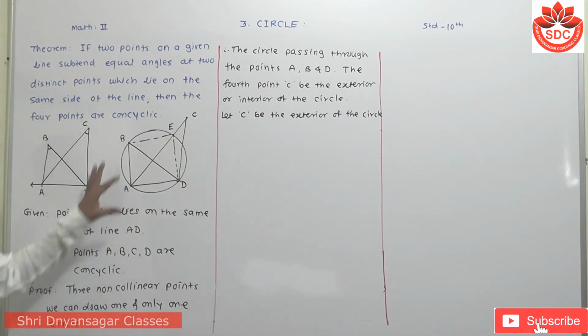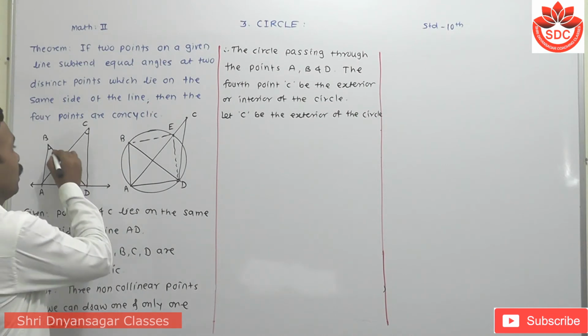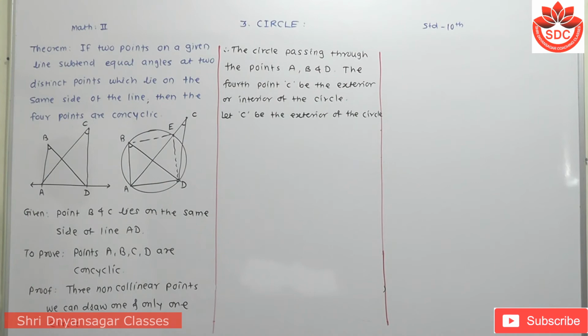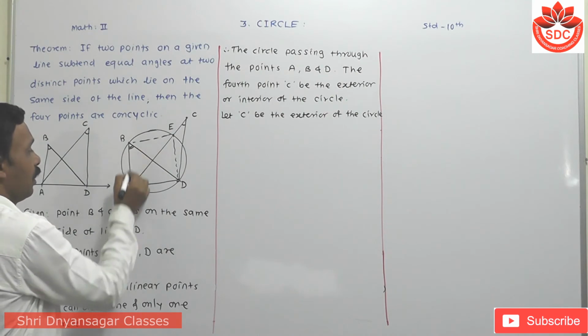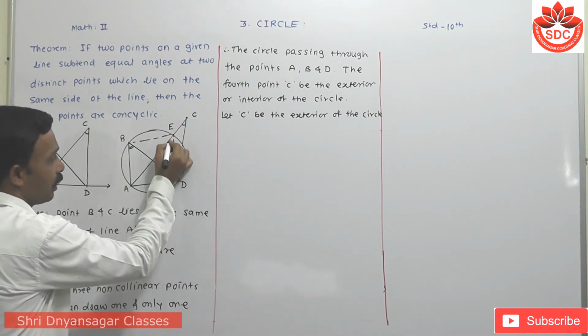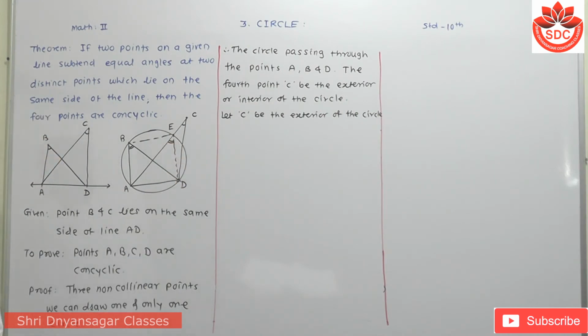At that time, this is the cyclic quadrilateral. But here in the given, this angle and this angle are equal. When we join the segment ED, we get this angle ABD is also congruent with AED because angles inscribed in the same arc.